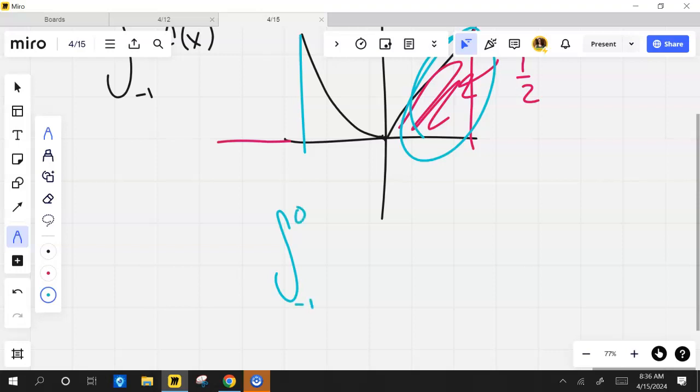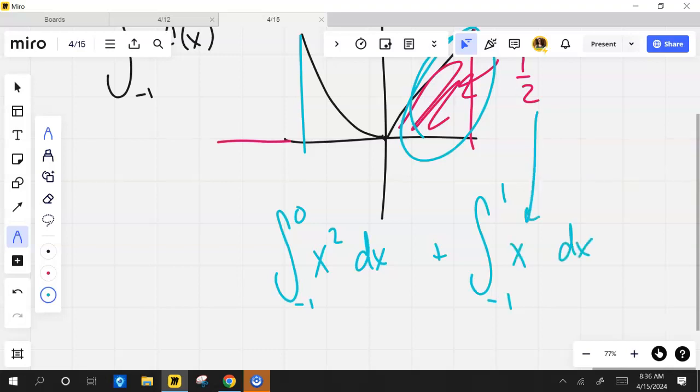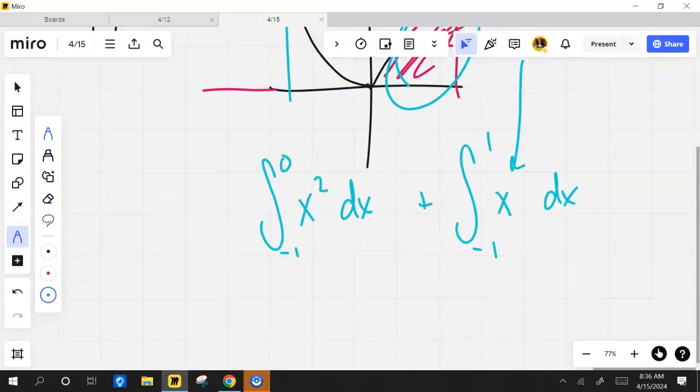But I have to divide up these integrals is the point. So from -1 to 0, the area under x squared, plus, from 0 to 1, I'm using that other equation, which is x dx. You could have done it this way, or you could have known that this was a half. I just knew that was a half and went from there. The antiderivative here would be a third x cubed, evaluated from -1 to 0.